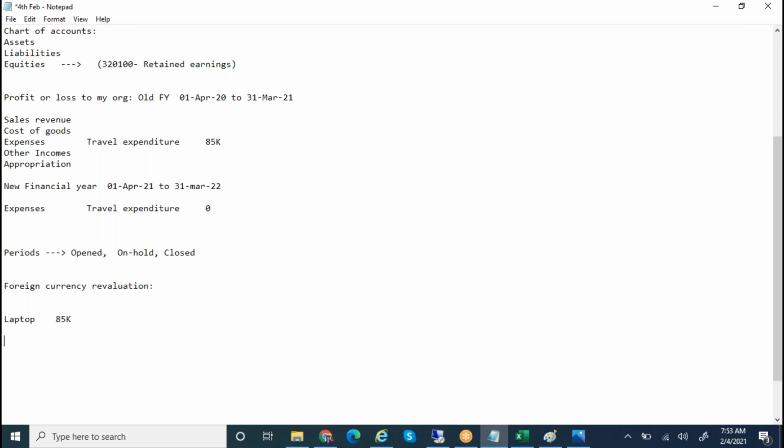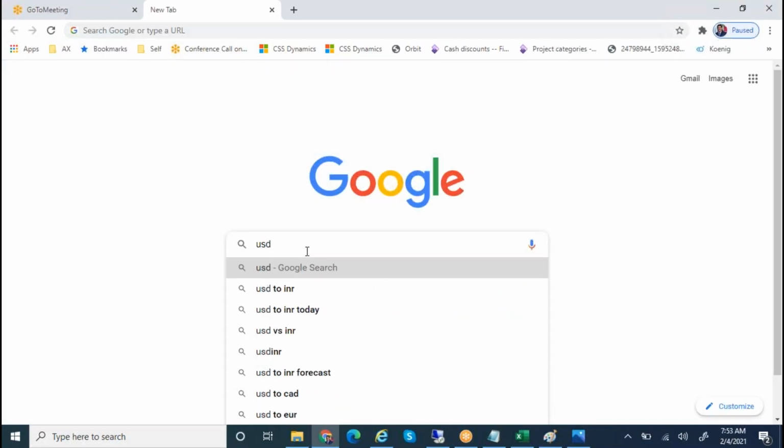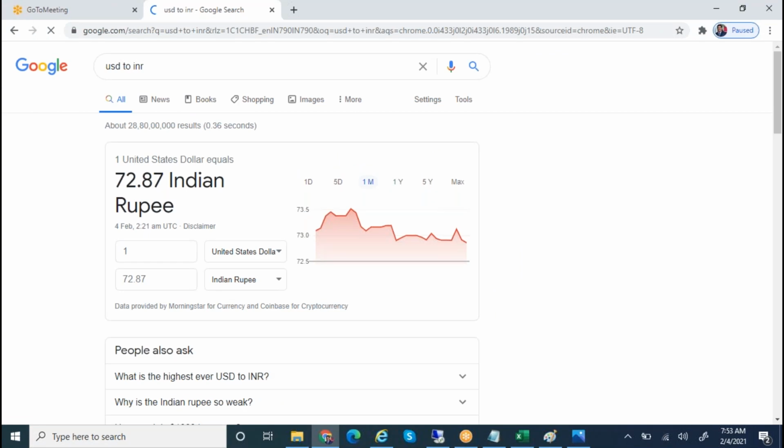You have given the information. Then, as your close friend, he replies, "Why are you investing 85,000? Here in India it is that, but in the USA it is 1,000 US dollars." Immediately you check what the rate is.